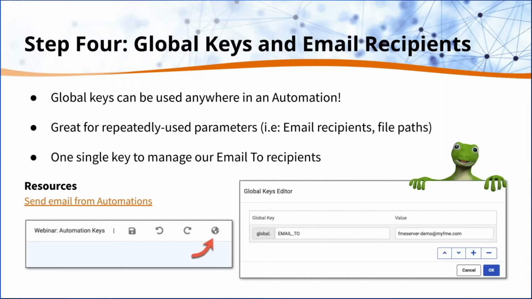For anyone who's done programming before, just think of the global key as a global variable. And any parameter value that's used in multiple places is a perfect candidate for a global key, such as email recipients and file paths. That way, instead of editing every value across your automation, you just have to update that one global key and you're done.